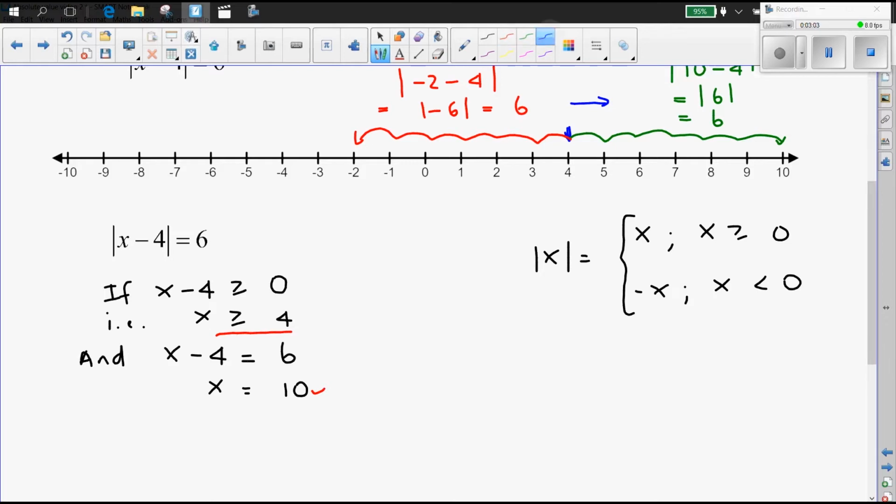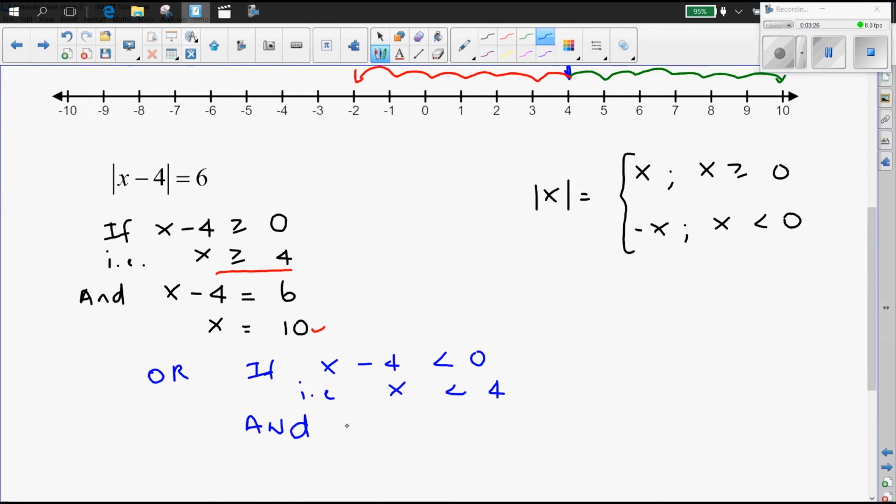There's a second solution. So we have, or, if by my definition x minus 4 is less than 0, that is, if x is less than 4, then I have the negative value of x minus 4 equals 6.